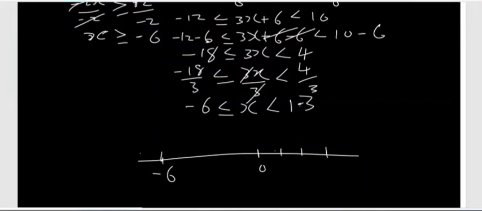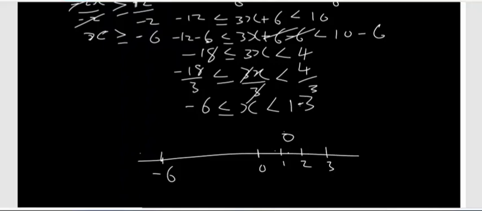And look at where 1.3 is, somewhere here. So we are going to draw our circle at 1.3, and that one is open, very important. The minus 6 is somewhere there.